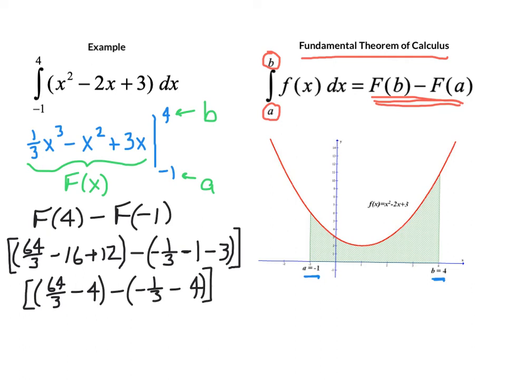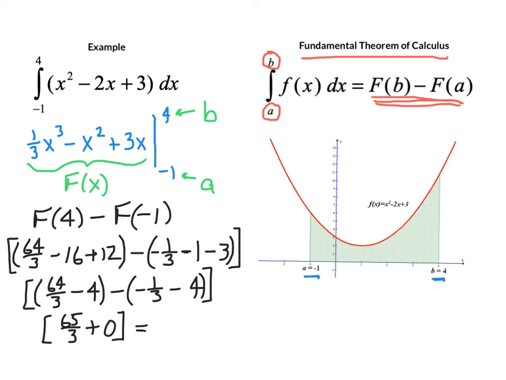And then when I subtract, I can combine my fractions, 64 plus 1 over 3, 65 over 3, minus 4 plus 4, so it ends up being plus 0.